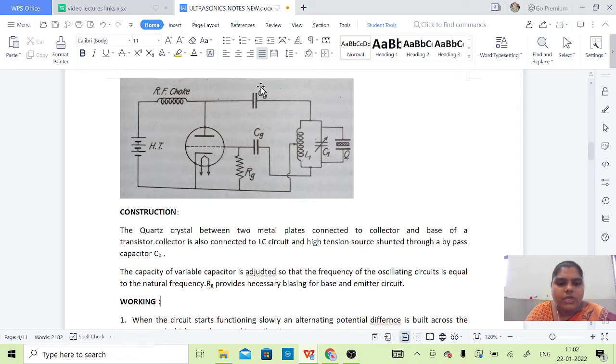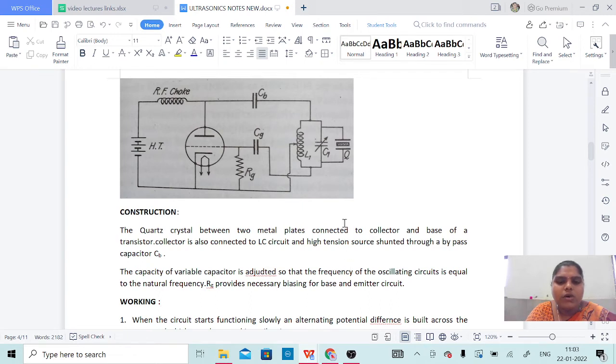Next, the capacitance of the variable capacitor is adjusted. The symbol indicates that the capacitor is variable. It is adjusted so that the frequency of the oscillating circuit equals the natural frequency of the crystal. So by adjusting this capacitor we can get the frequency match.